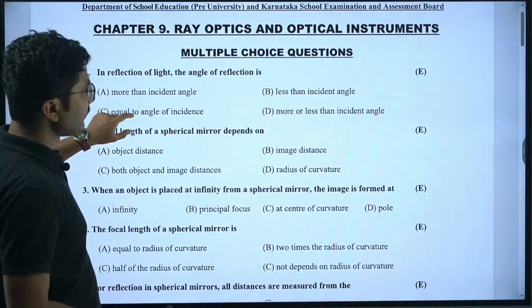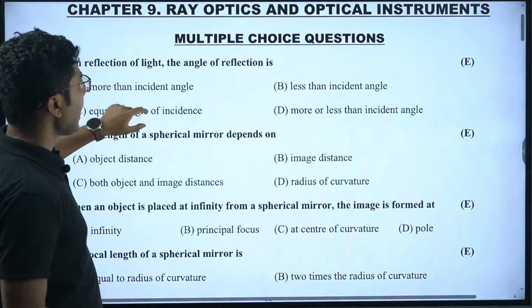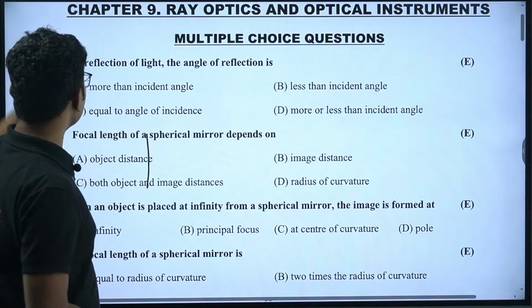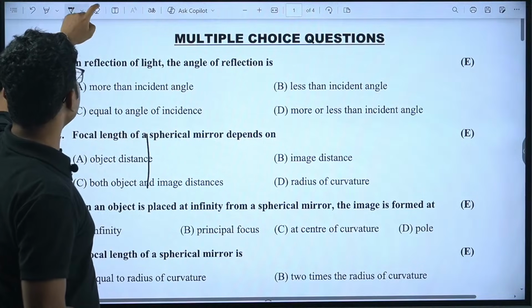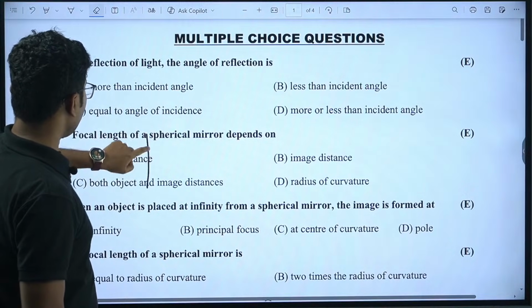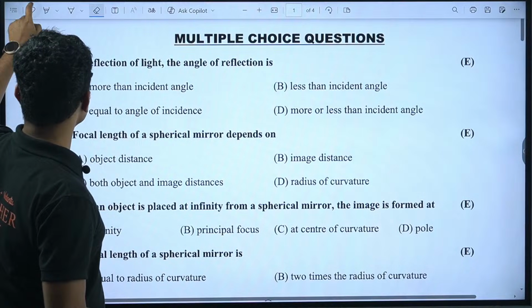I hope you can see. The first few questions will be easy as usual, and this is your blueprint taken from your question bank. These questions are taken from your question bank.